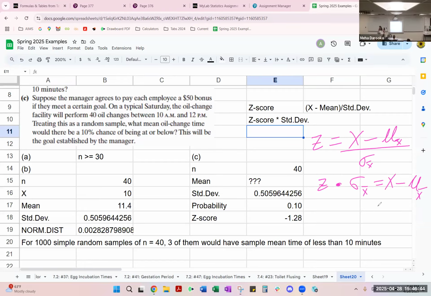And then we need to subtract x, but since you have a negative sign over here, we would need to multiply everything by negative, so you would end up with the mean equals z times the standard deviation, and then add your x value to it.